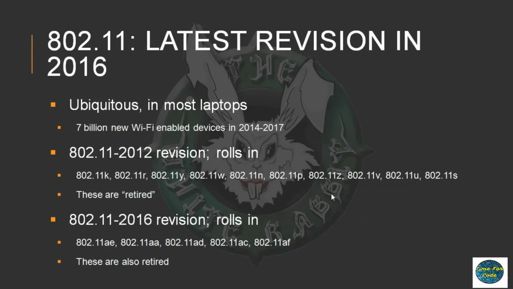Similarly, when 2012 came around and 2016 came around, additional amendments were rolled into the base specification. So for example, you might be interested to know that 802.11n now is rolled into the base specification in 2012.